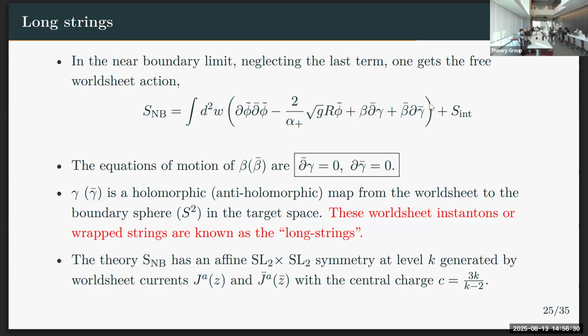A takes values from 1 to 3, which is the group dimension of SL(2,R). And these affine symmetries will generate a Virasoro stress tensor with central charge c, which is given by 3K divided by K minus 2. So this is all well known, I'm just stating it.